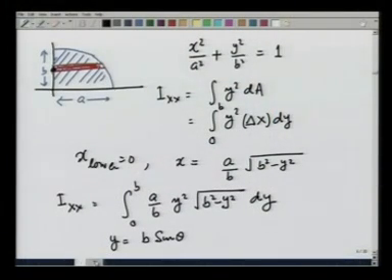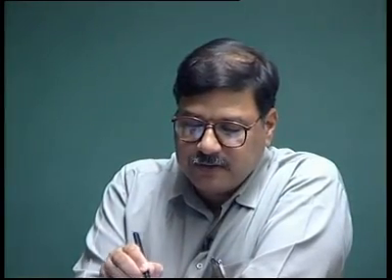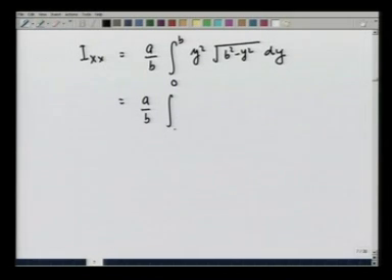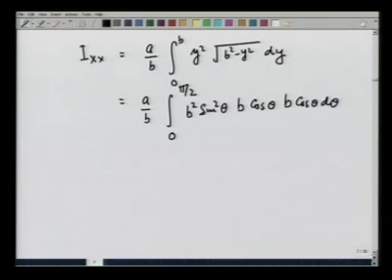By doing so, I get I_xx as (a/b) times the integral from 0 to π/2, where y² is b² sin²θ, the square root of b² minus y² is b cos θ, and dy is again b cos θ dθ.